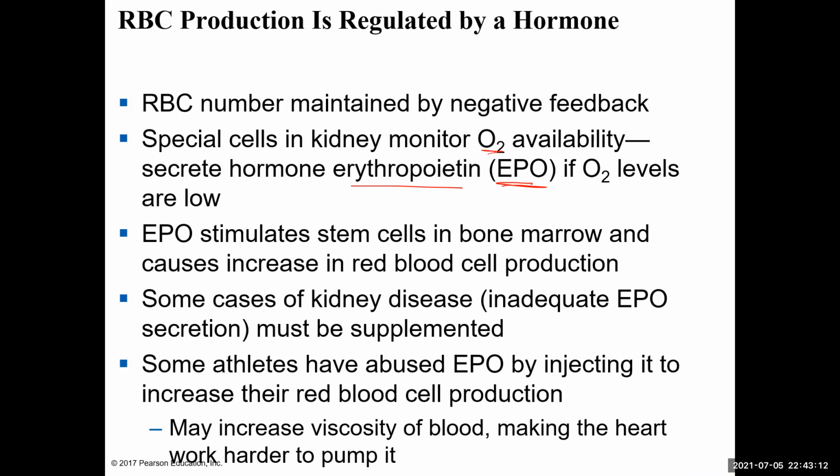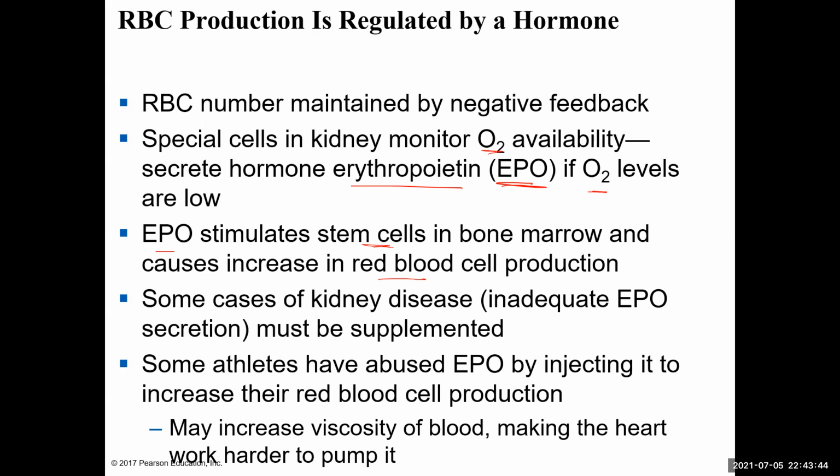So if the kidneys detect that there are low levels of oxygen, erythropoietin will be released, and that EPO will tell the bones that the stem cells need to increase the production of red blood cells. And so that will bring the oxygen level concentrations in the blood back up, because you have more red blood cells. So that means more oxygen should be traveling throughout the circulatory system.